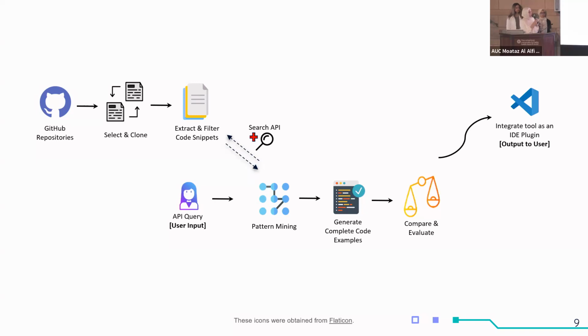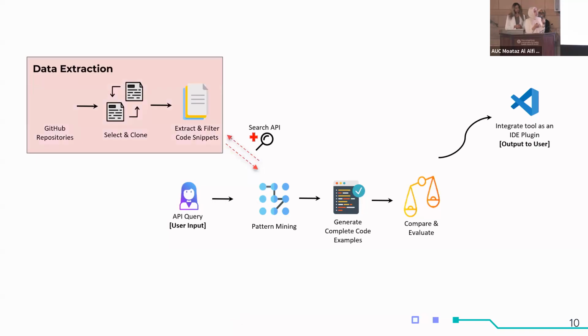And we use that as an input to our tool, which is called API Wizard, which uses pattern mining to generate complete code examples. Next, we compared and evaluated our results. And finally, we integrated our tool as an IDE plugin. Now we'll talk about each of these phases separately, and we'll start with Nadi.